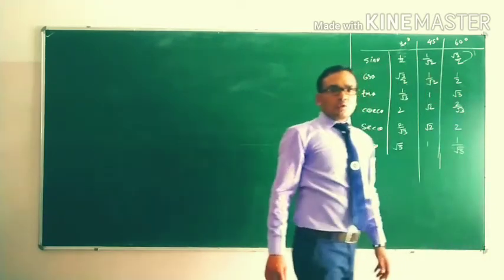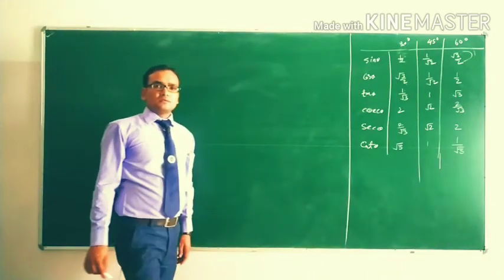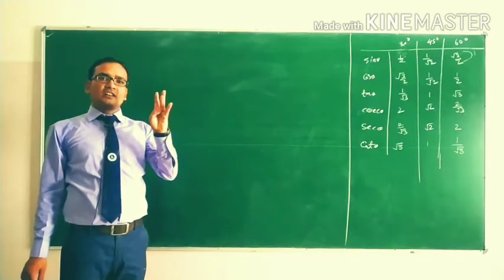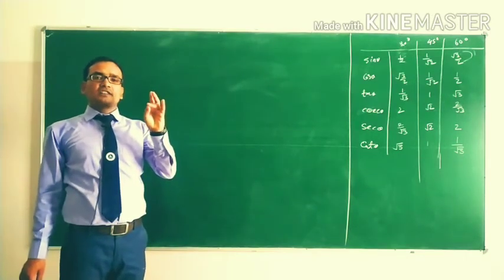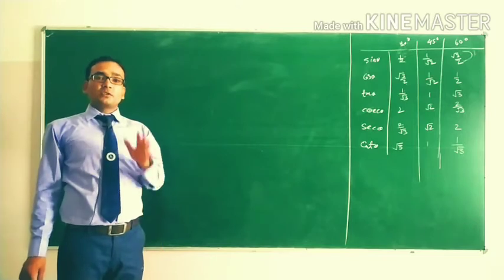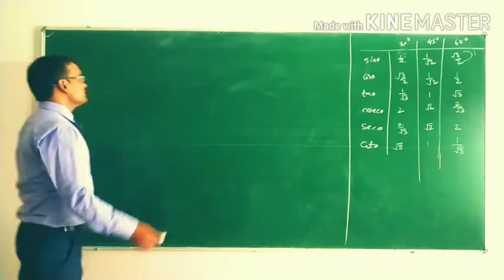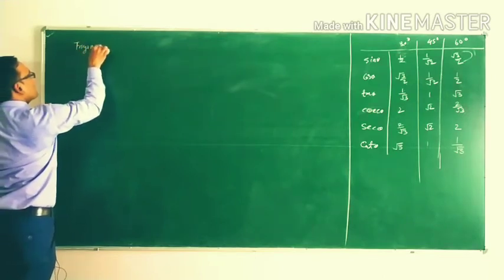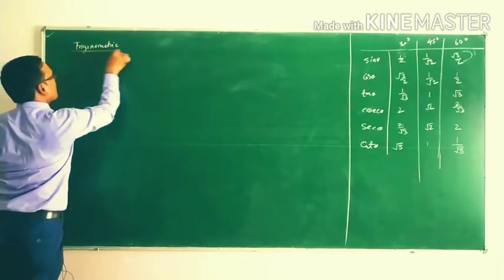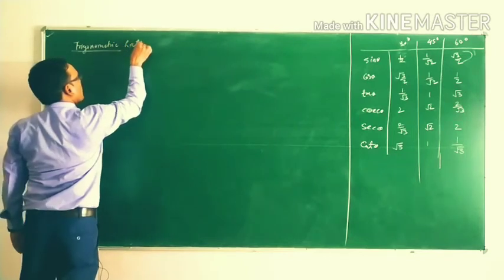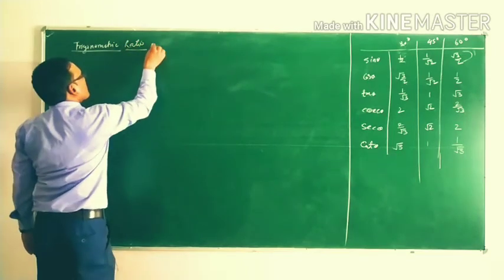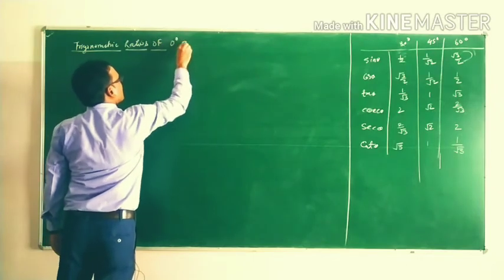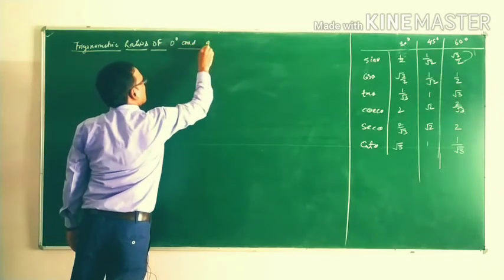Today we are going to find the values of sine theta, cos theta, tan theta, cosec theta, sec theta and cot theta of angles 0 degree and 90 degree. Trigonometric ratios of 0 degree and 90 degree.